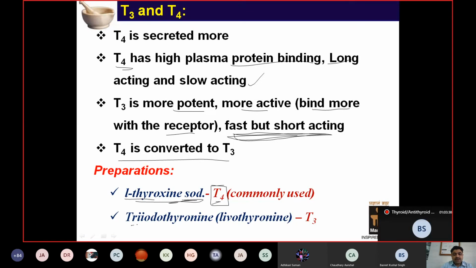The T3 formulation is triiodothyronine or liothyronine, while T4 is levothyroxine, and this is what is very commonly used. Okay, the thyroid preparation.